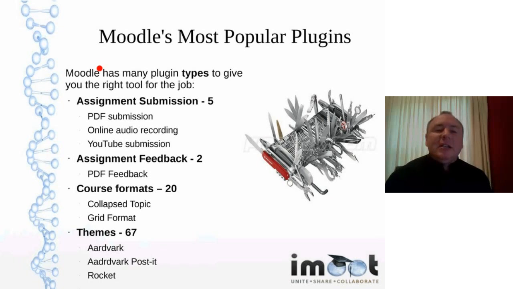student? And one of the cool ones that I know is being considered for inclusion into Moodle core is the PDF submission and PDF feedback types. The PDF submission allows a student to upload a PDF, and that can already be done with the normal upload a file type.